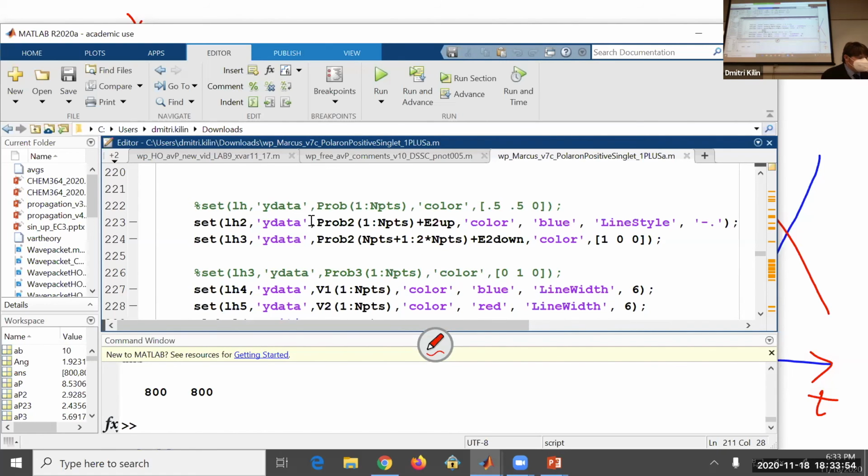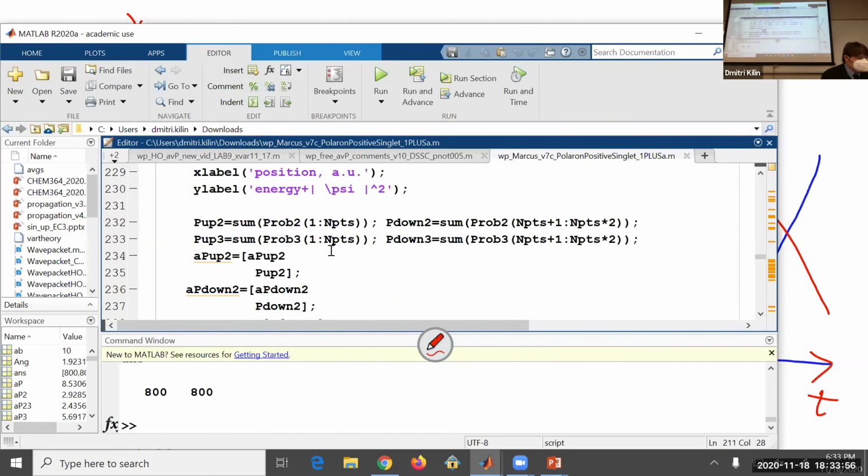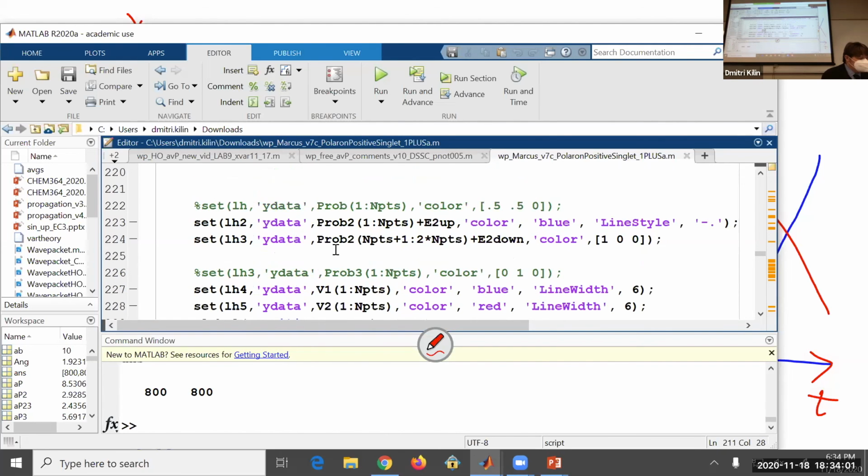We are plotting from 1 to the number of points once, and then we plot the second from the number of points to double the number of points. And then we have two images simultaneously.